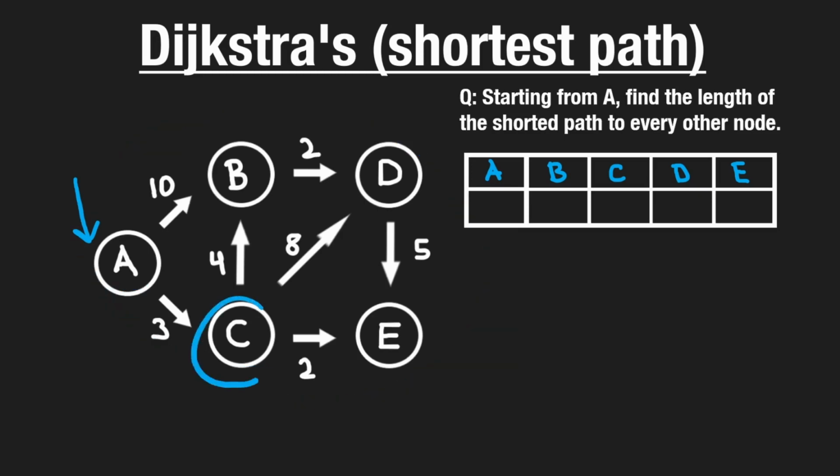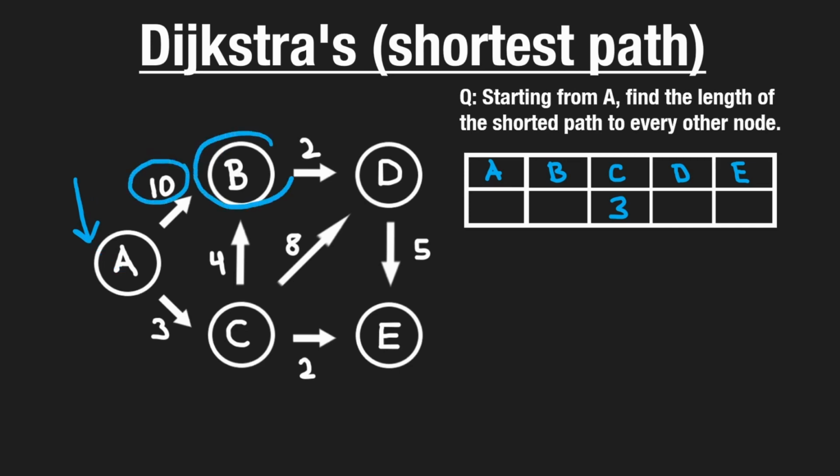We already know that the shortest path from A to C is 3. The reason is that there's only 2 possible paths we could take from A that leave A. We could go to B and we could go to C. If we go to B, we incur a cost of 10.